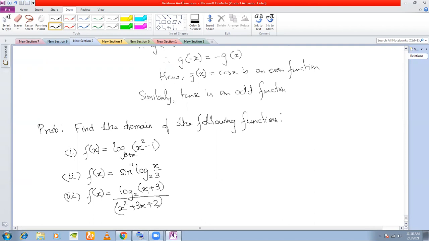And finally, number 4 is f(x) is equal to log of 2 plus x by 2 minus x to the base 3.